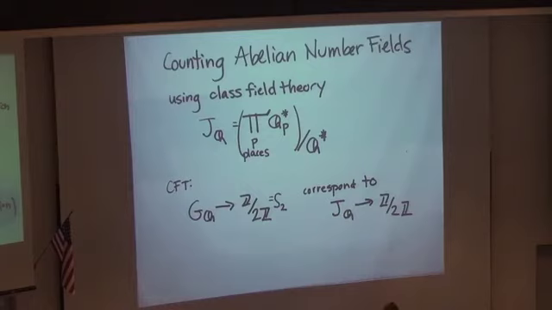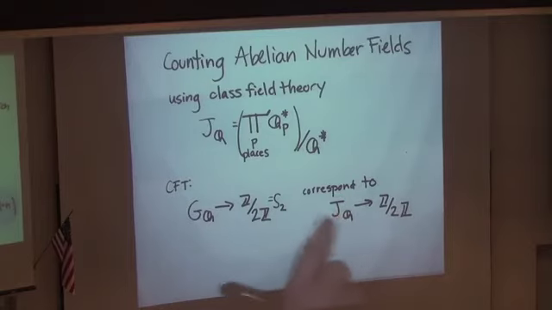There are more details in the notes. These groups aren't the same, but the finite completion of this is this. So when you're taking these finite quotients, as far as finite quotients are concerned, this acts the same as the abelianization of this.